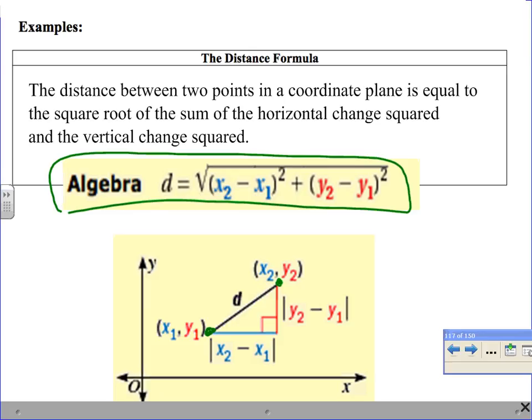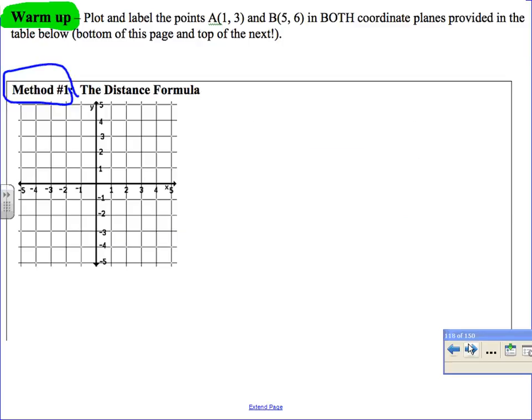So do you always have to use the distance formula? No. Pythagorean's theorem is pretty much where they got that. So it solves for and finds the exact same length. Okay? So we are going to do method 1, which is using the distance formula.